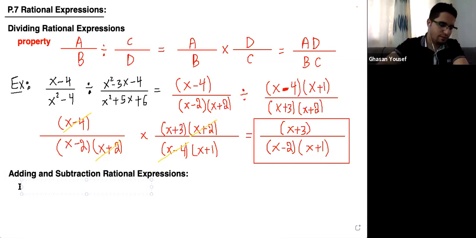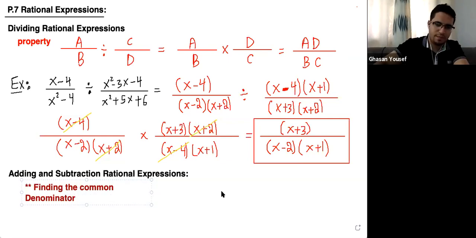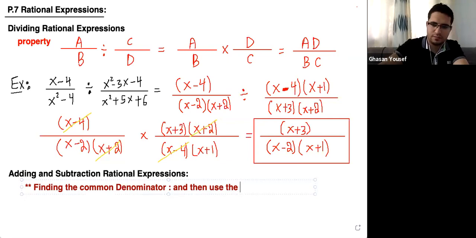So here, the best idea is to find the common denominator. What does that mean? It means after I find the common denominator, I then use the property.